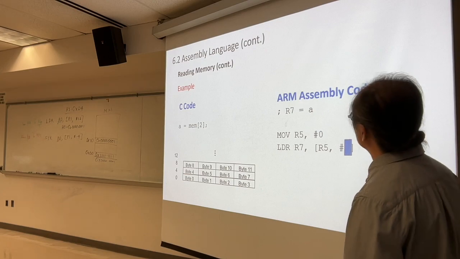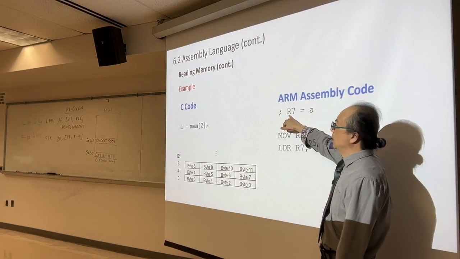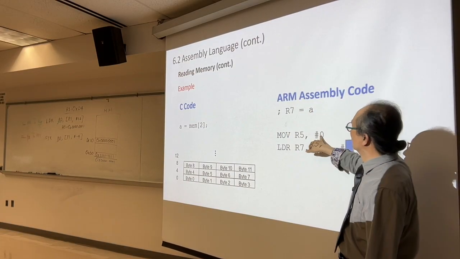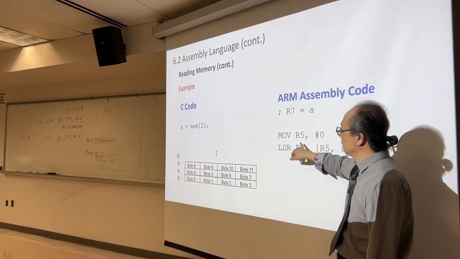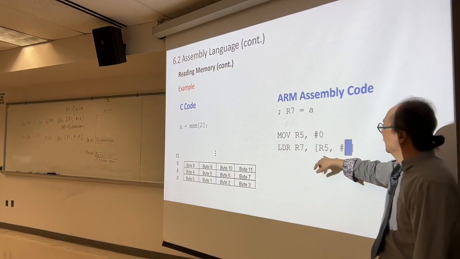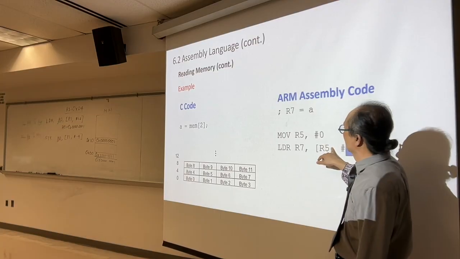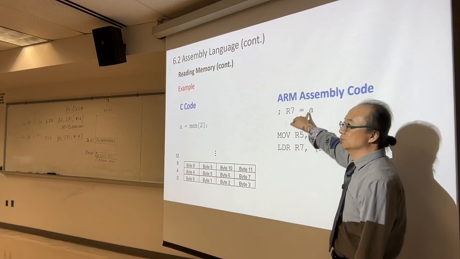In this case, we need to go to mem2, put it into A. Let's say R7 is the A register you'll be given. Move 0 to R5, meaning just clean whatever is in R5, get rid of it. And then R5 plus some number, that's the memory location. Go get it, put it into R7, which is A.